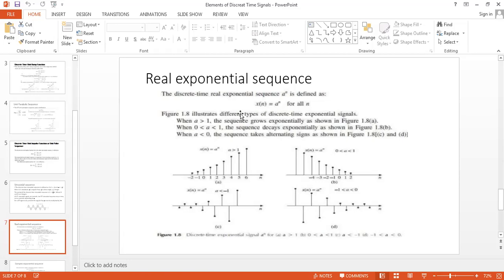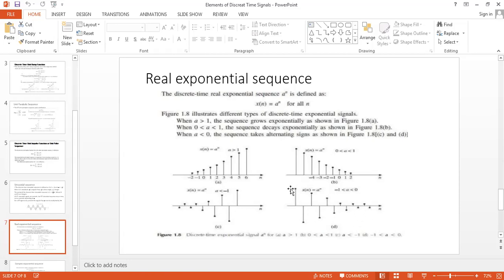When you substitute, when a is greater than 1, the sequence will grow exponentially, as shown in figure A. If a is between 0 and 1, then it is a decaying sequence, as shown in figure B. If a is less than 0, the sequence will alternate in sign, as in figure C. Substituting negative values, if n is even, the value will be here; if n is odd, it will be here.